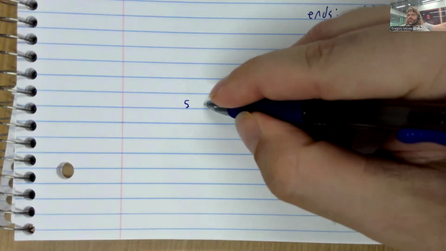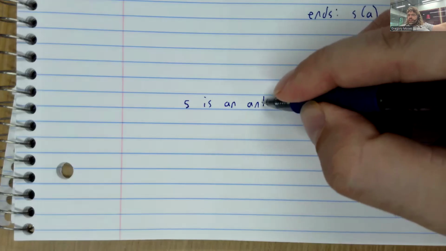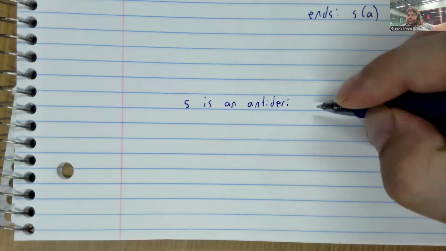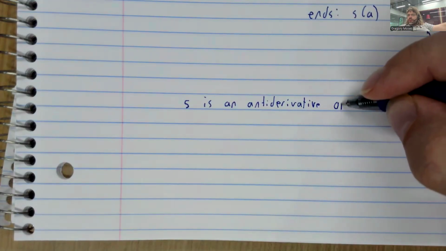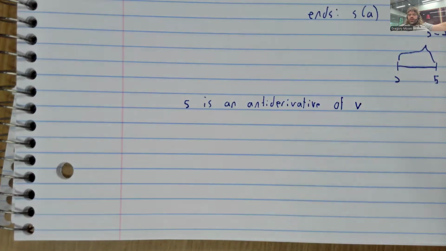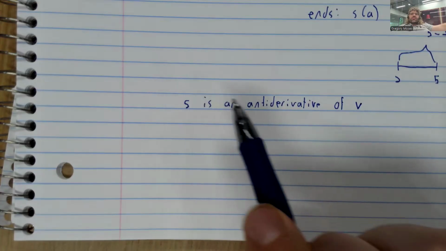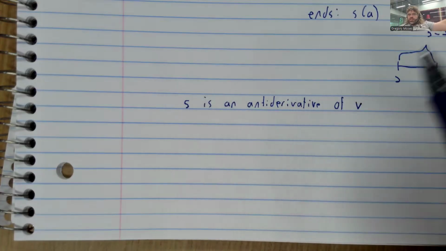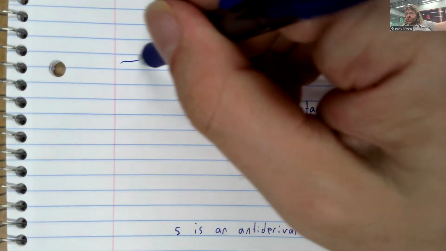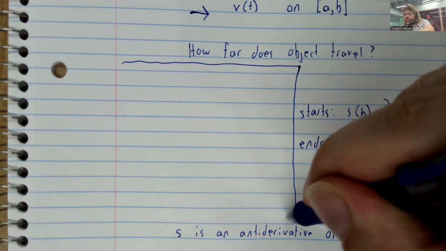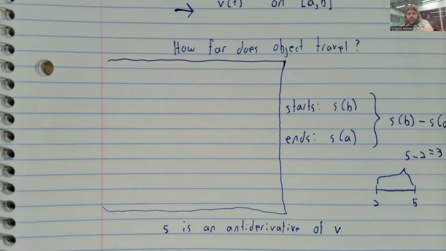Now, S is an antiderivative of v. Velocity is the derivative of the position, so the position is the antiderivative of the velocity. So this question I asked, how far does the object travel?